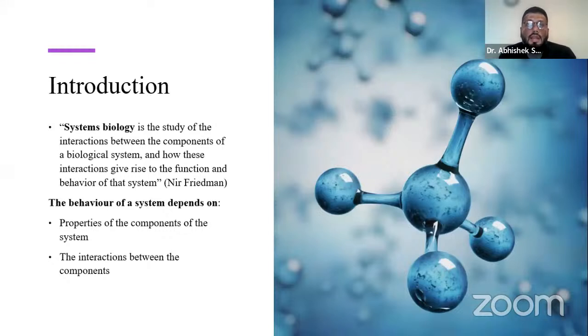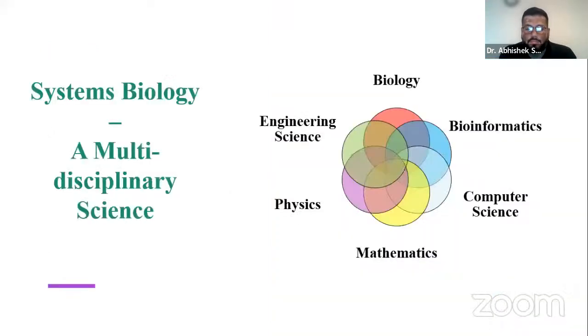There are various hierarchies at which it can be studied, starting from the molecular or atomic level, then cells, tissues, organs, up to the ecological level. So systems biology can be studied at various levels, right?